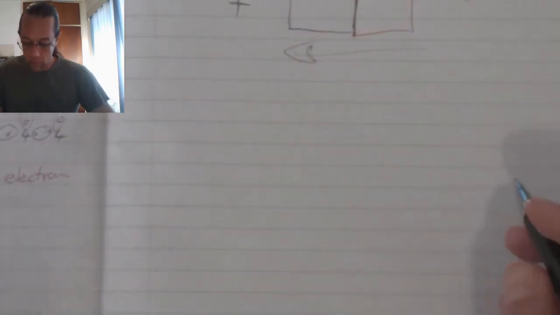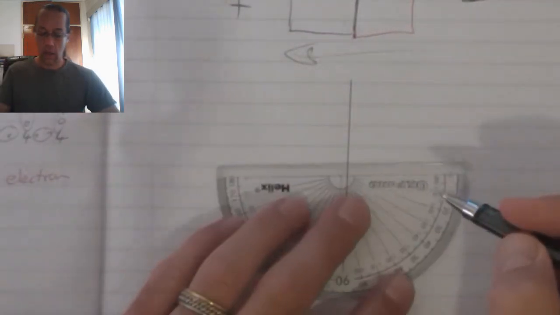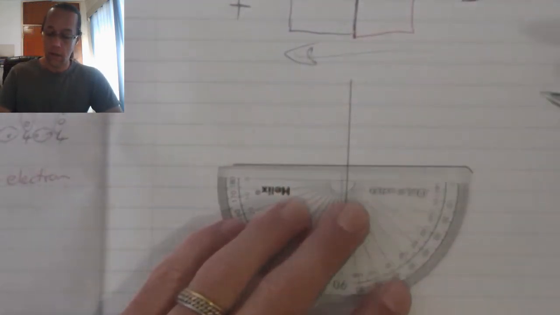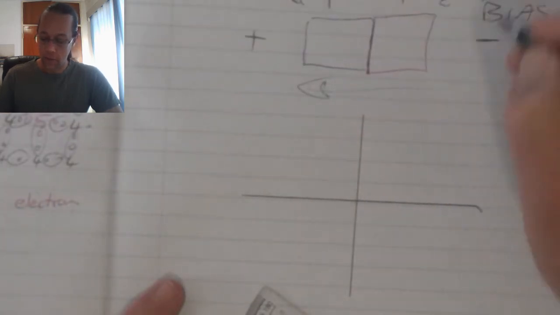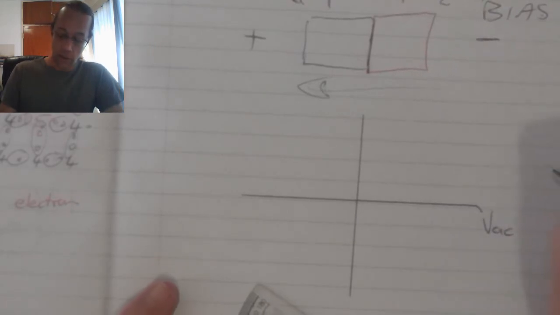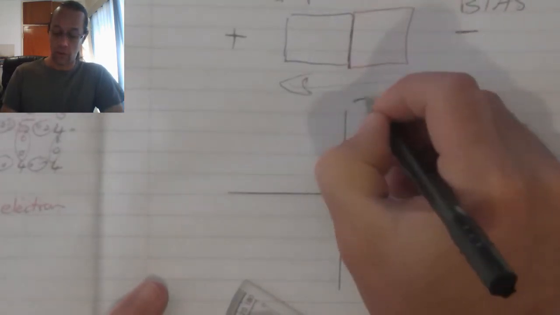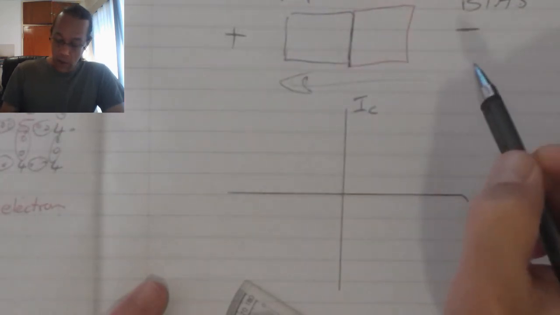Now, putting that in graphical terms, let's call this my anode and that my cathode. When I apply a voltage across the anode and the cathode, I expect a current to flow through the anode and the cathode.